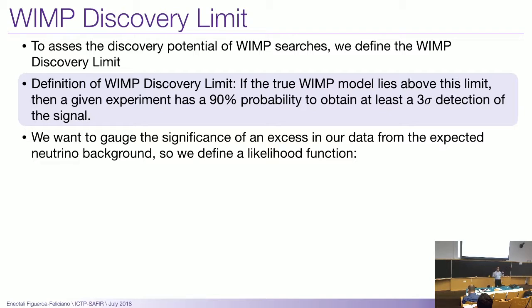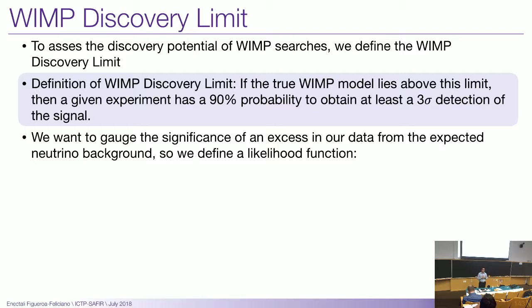And so if I do many experiments, if 90% of the time I get above 3 sigma, I can say, okay, that is a dark matter signal that I would be able to distinguish from neutrinos. If 90% of the time I only get a 1 sigma excess, I'm not going to be able to say I'm really seeing a dark matter signal.